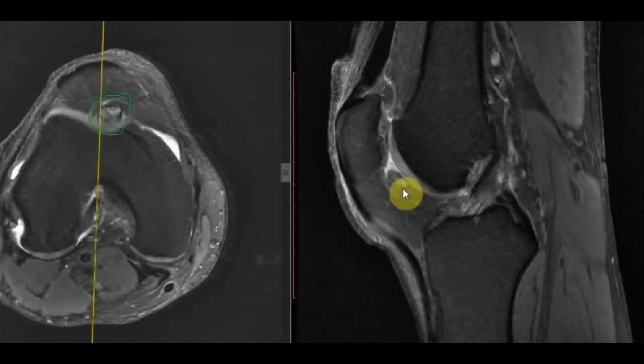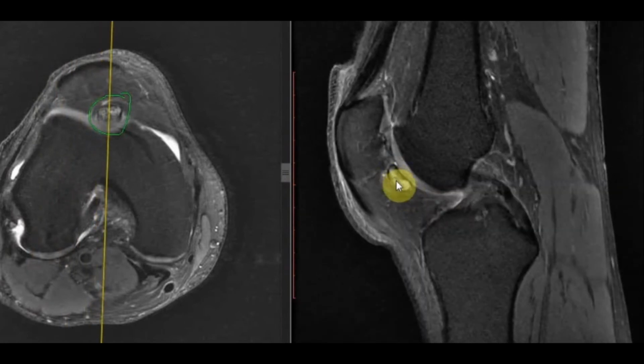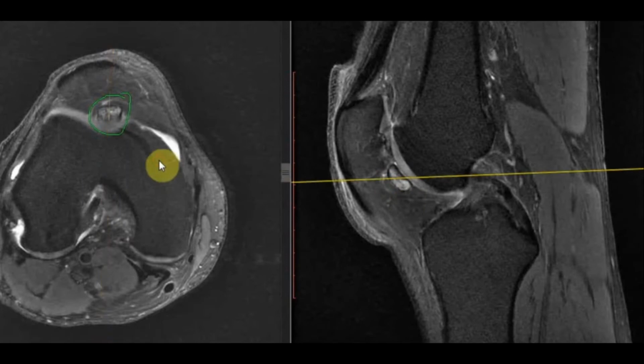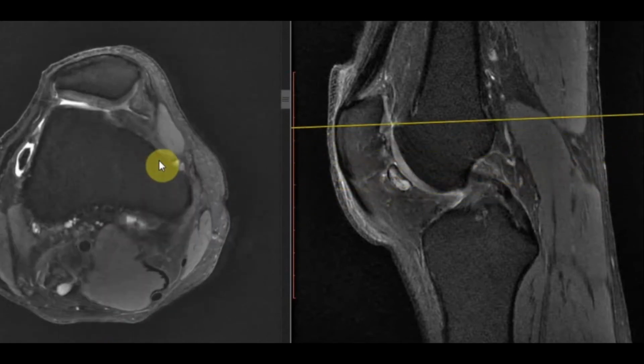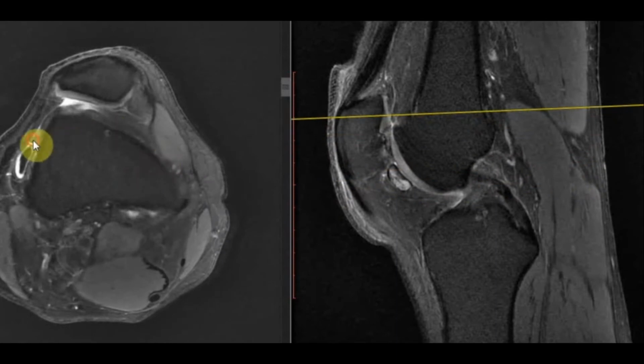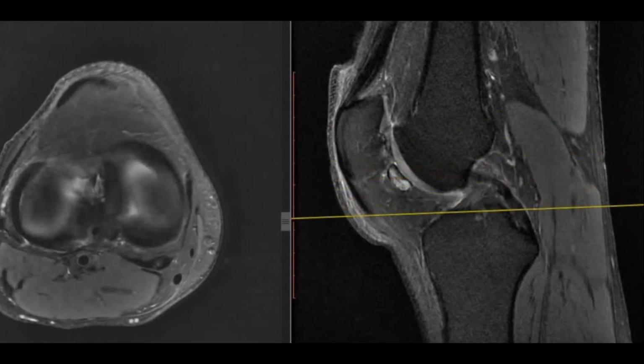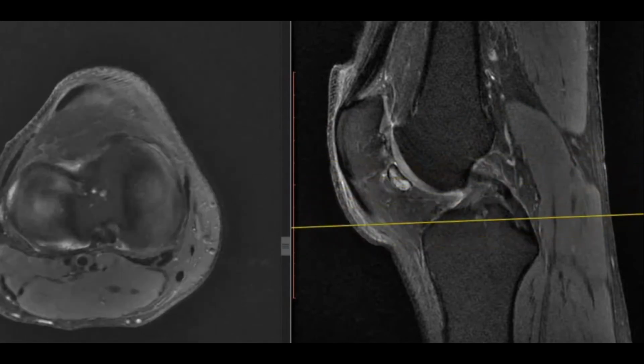We can see this loose body is located just inferior to the patella within the Hoffa fat pad. And there is another loose body located in the lateral patellofemoral recess.